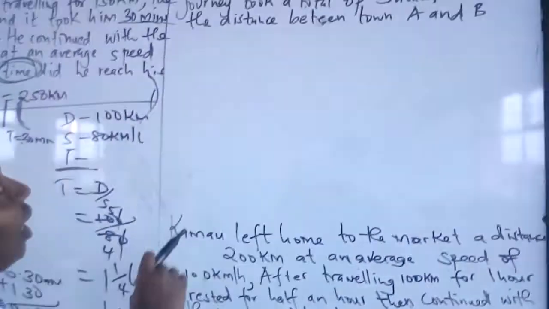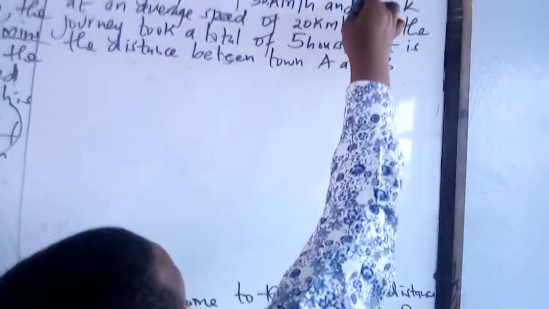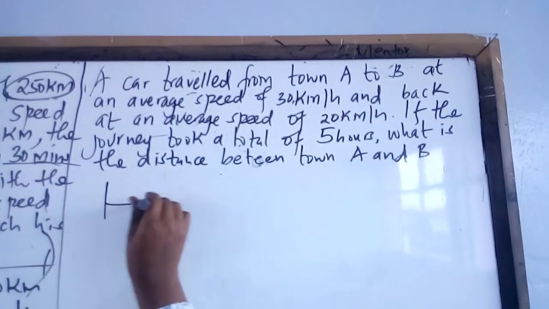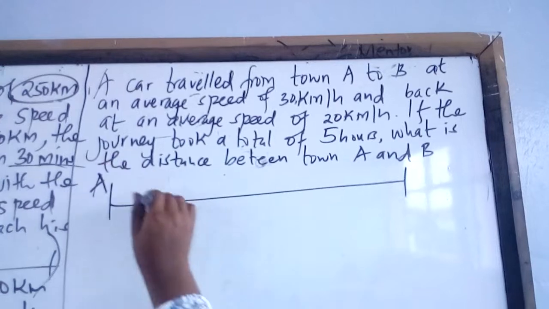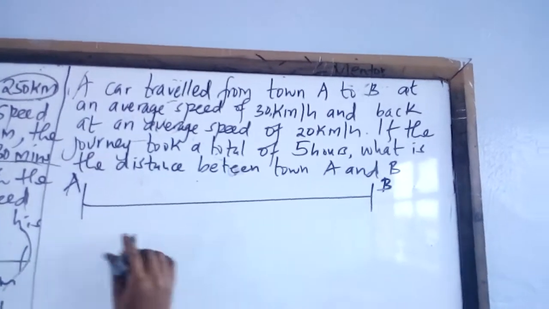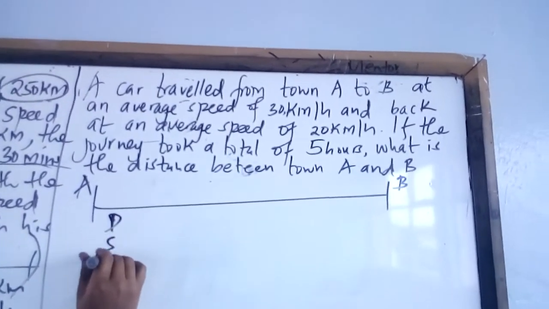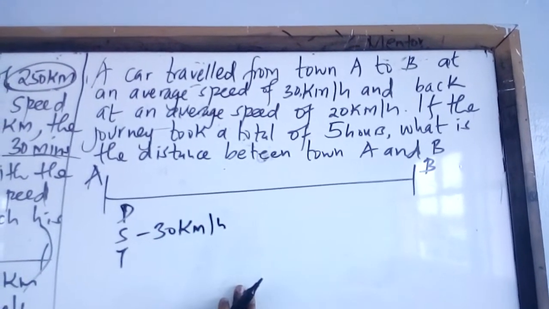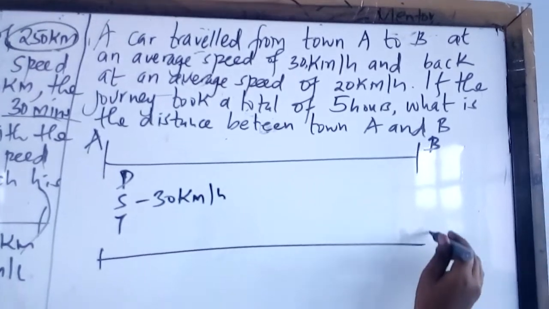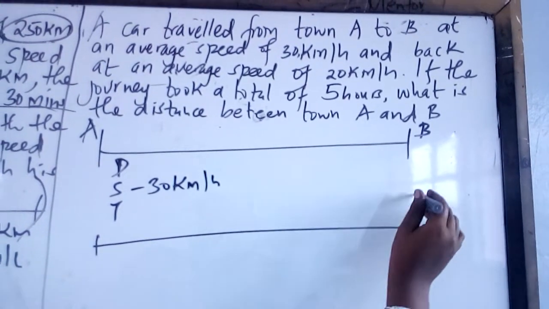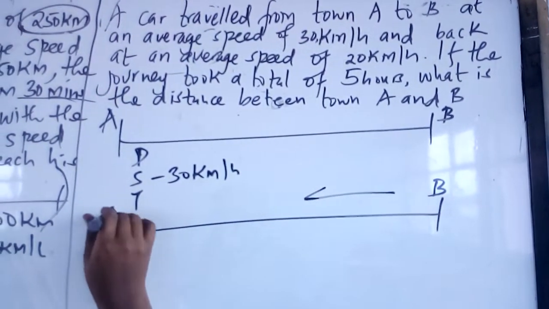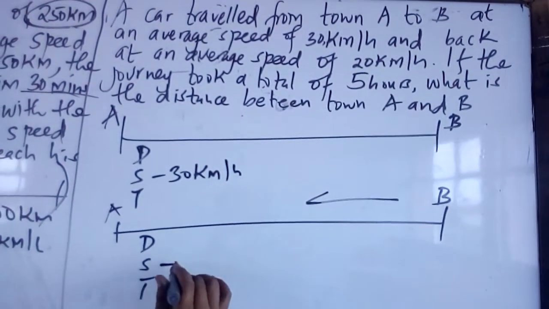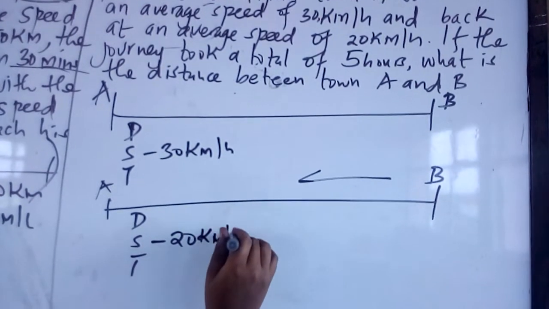Another question: a car traveled from town A to town B at an average speed of 30 kilometers per hour. So this is town A and that is town B. We are not given distance, we are only given speed, which is 30 kilometers per hour. And then back, from B towards A, at an average speed of 20 kilometers per hour.